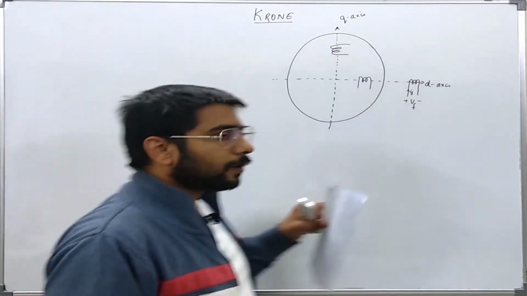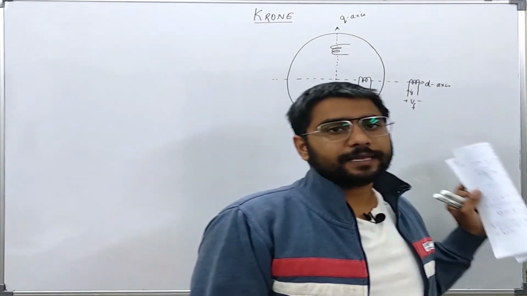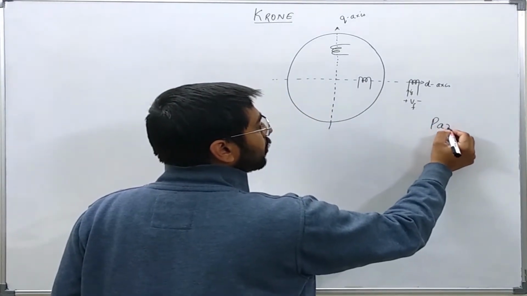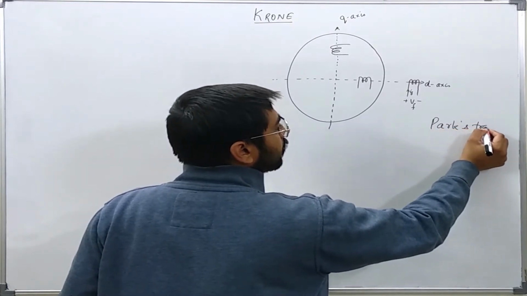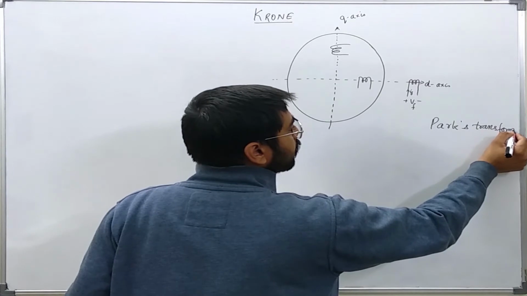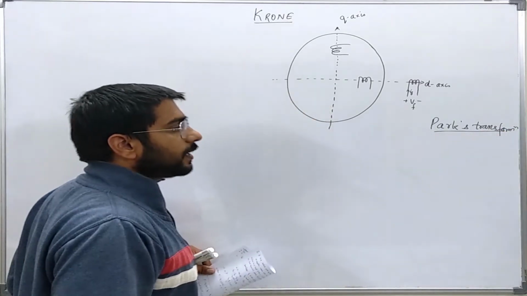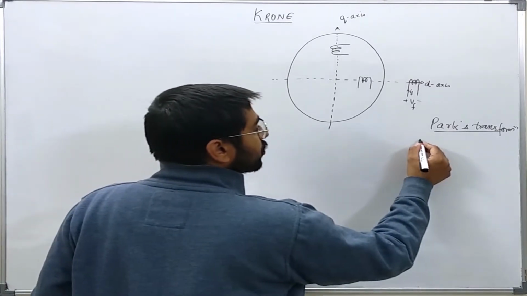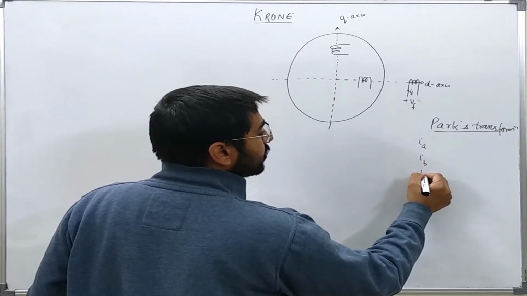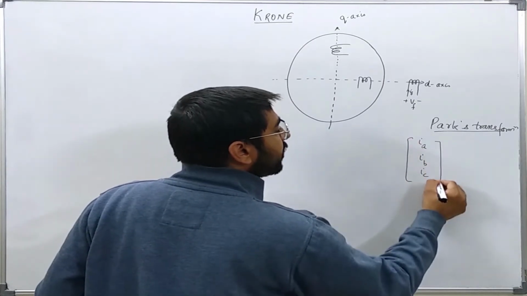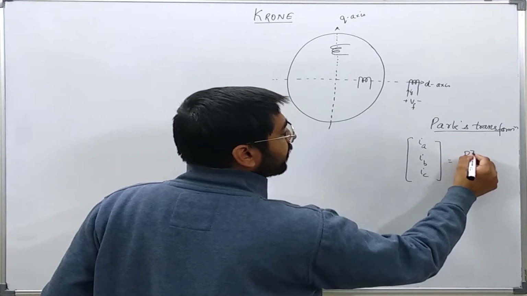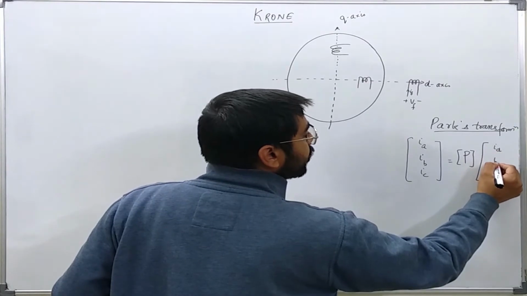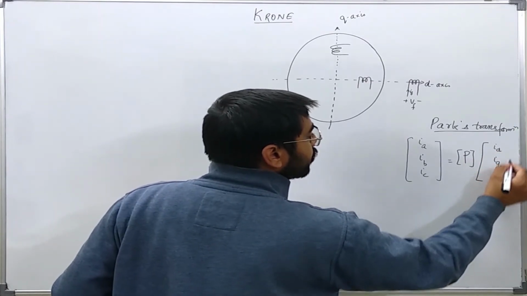Although I will not cover the proof in this lecture, it can be easily proved, either using Park's transformation or various mathematical tools, that the phase quantities IA, IB, IC can be transformed using some transformation matrix in terms of the d-axis quantity, the q-axis quantity, and a zero sequence quantity.